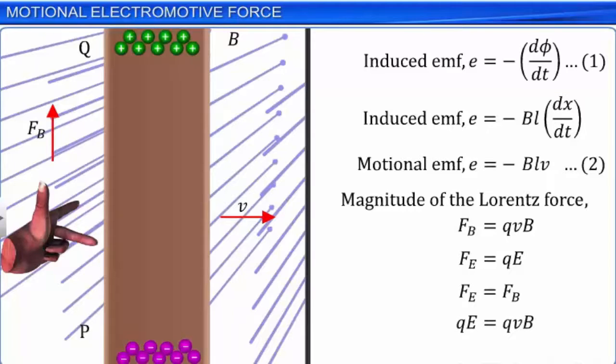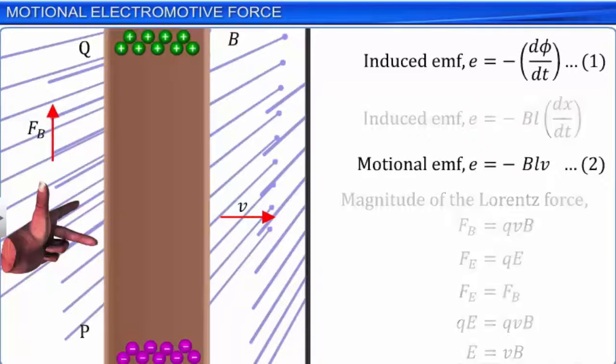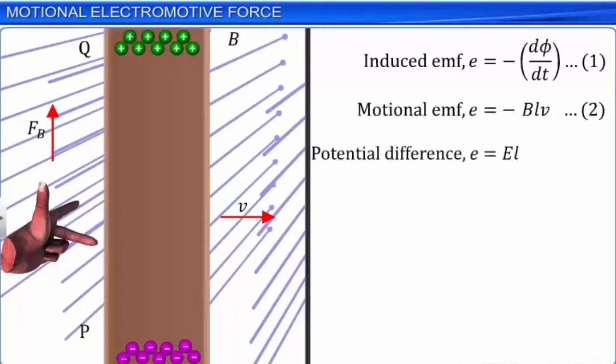Simplifying, we get E equal to vB. Due to the charge build-up, a potential difference is developed across PQ, which is the induced EMF, E. We know that the potential difference E is equal to E into L. Substituting the value for the electric field strength, E equal to vB, we get induced EMF E equal to BLv.